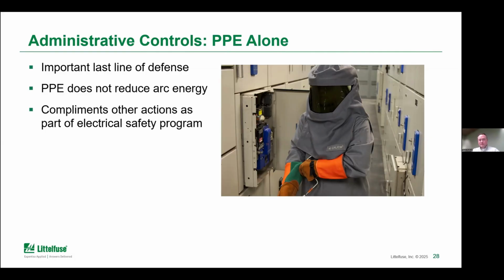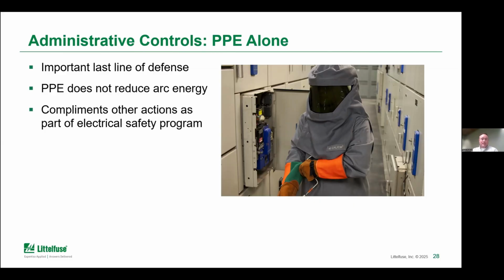But just getting the PPE is not really doing anything to further the safety or reduce the energy. That's just the minimum bar. And looking at some of these other actions that can be taken is really what brings in enhanced safety.